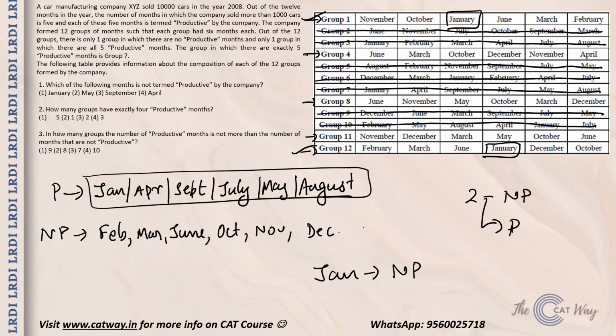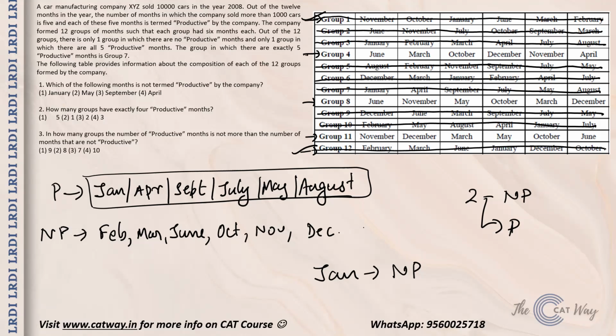So having January as the non-productive month is not possible. And similarly, if January is the productive month, then also these two groups cannot be the ones which have zero productive months. So these two groups are also out of our scope.